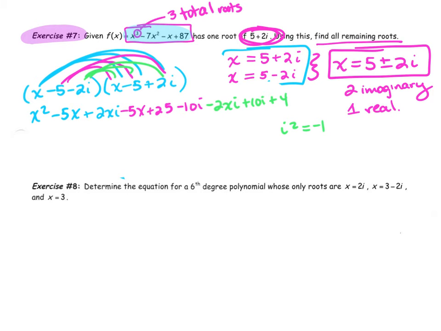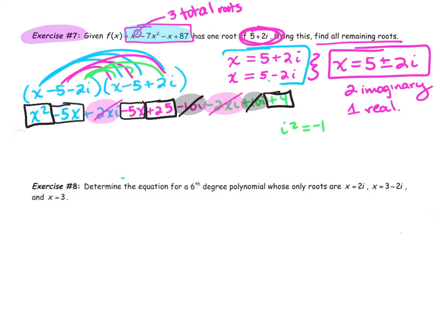Negative 5x combines with the negative 5x. The imaginary term should go away. That's the whole point of this. This positive 2xi cancels with this negative 2xi. Gone. We have negative 10i plus 10i. Gone. And these are the things that are left remaining that I'm boxing.